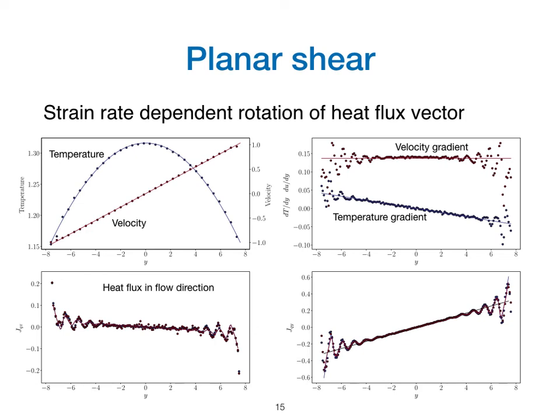So the component of the heat flux in the flow direction is small, but it's not negligible. We do actually find a component of the heat flux in the flow direction. And we can also evaluate the larger heat flux that's perpendicular to the flow direction, taking heat out to the walls.